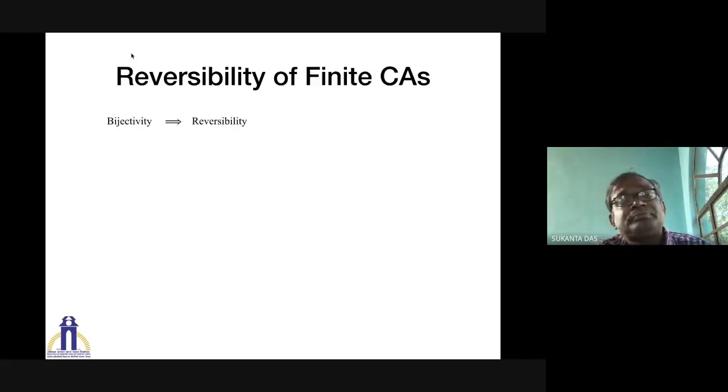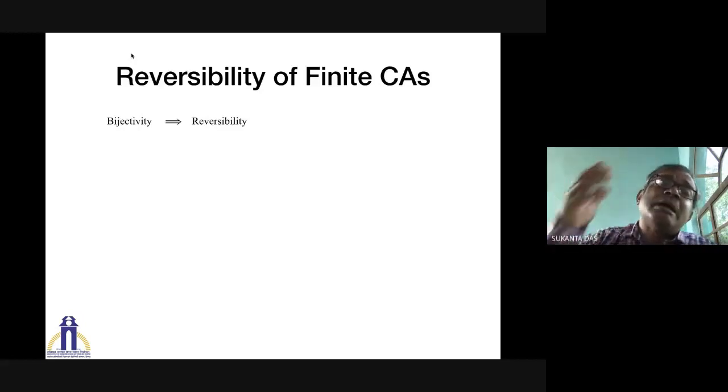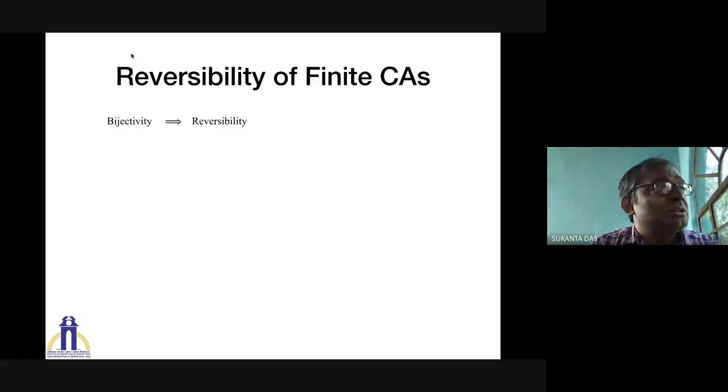So bijectivity implies reversibility, because by reversibility we mean that we can move in the backward direction. From one configuration we can go to its predecessor, its previous configuration.